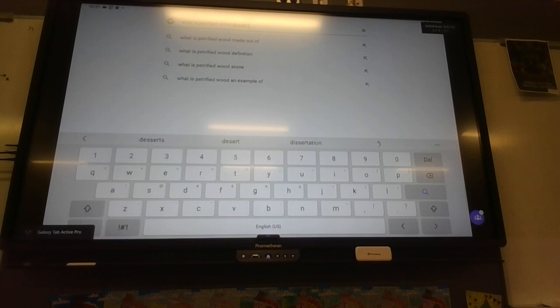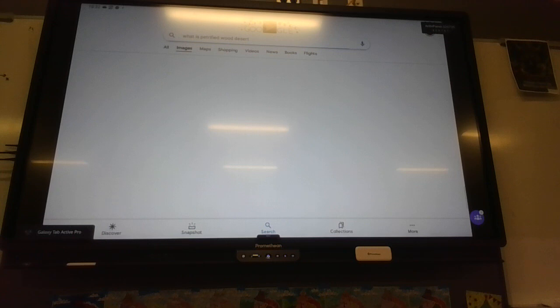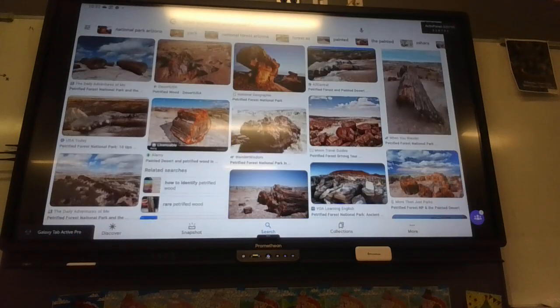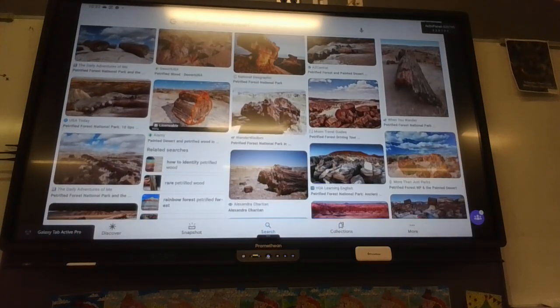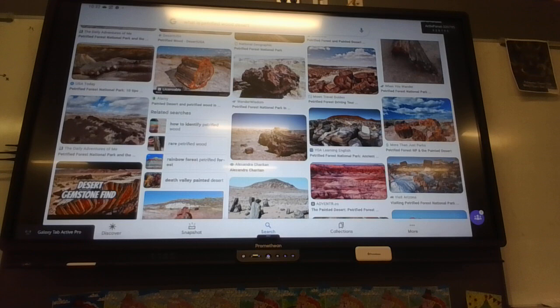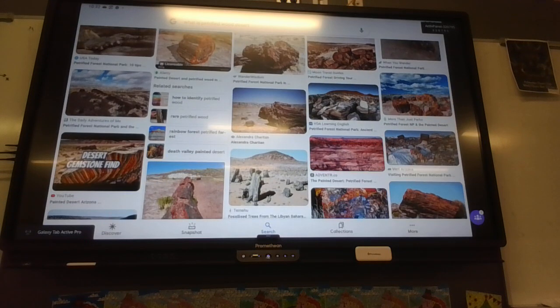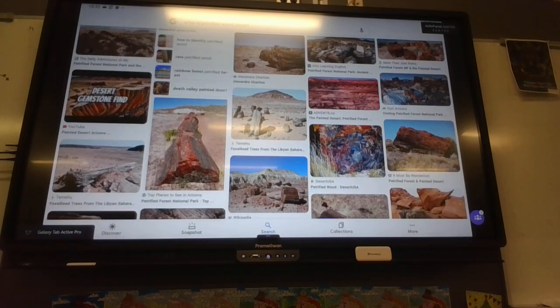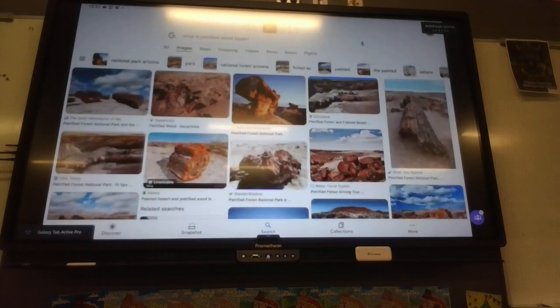Is that dessert or desert? Yeah, it kind of looks like rock, but it's just wood. Petrified forest.